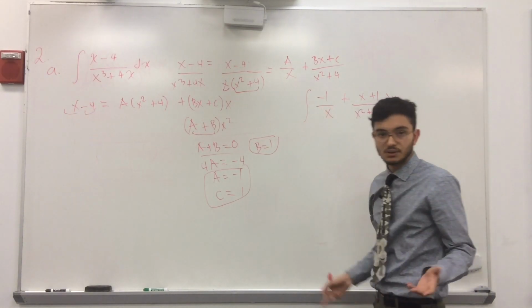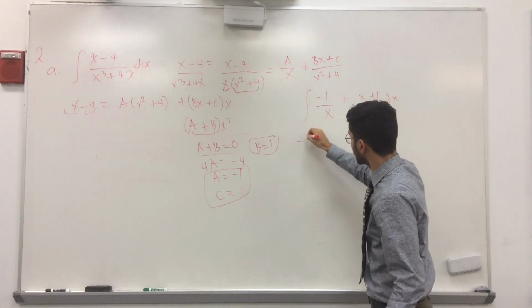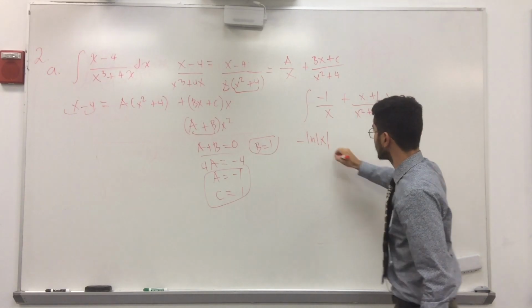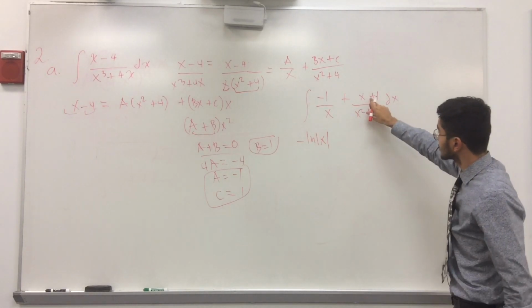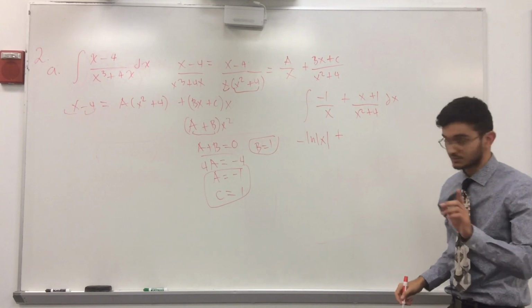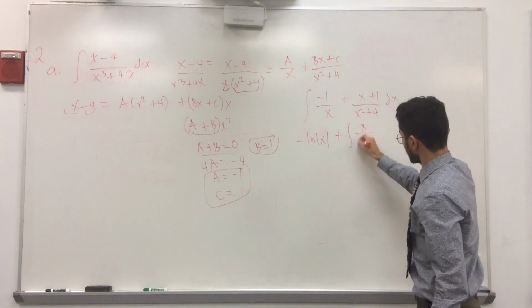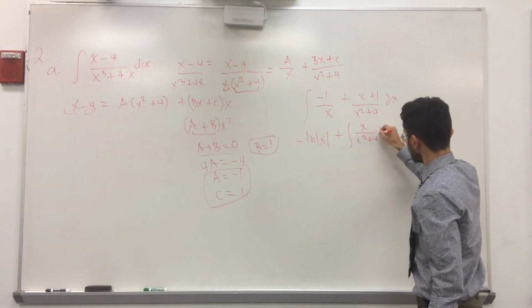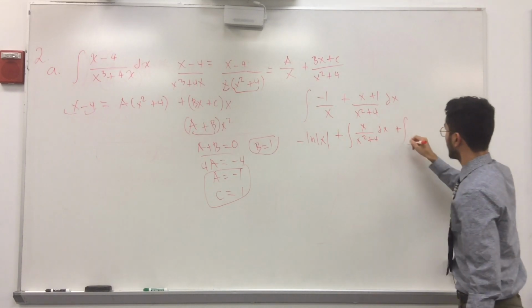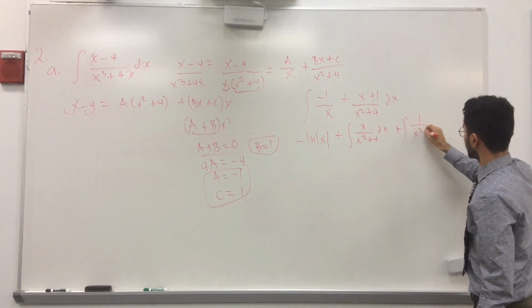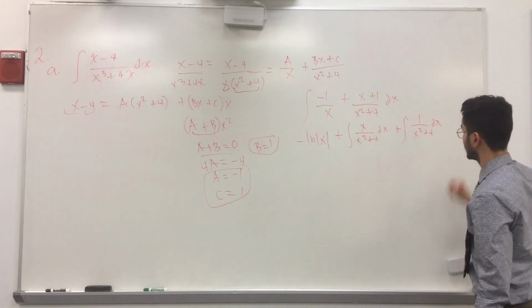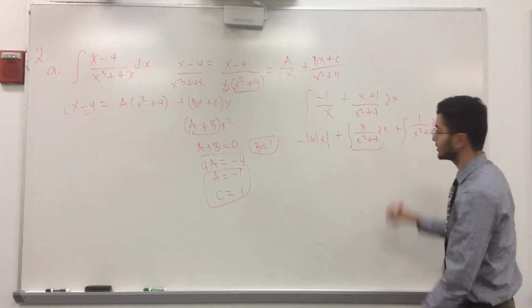So the integral of negative 1 over x is just negative ln absolute value of x. And then over here, we're going to split this up into two different integrals: the integral of x over x squared plus 4 dx and the integral of 1 over x squared plus 4 dx. This first integral is very easy to do.